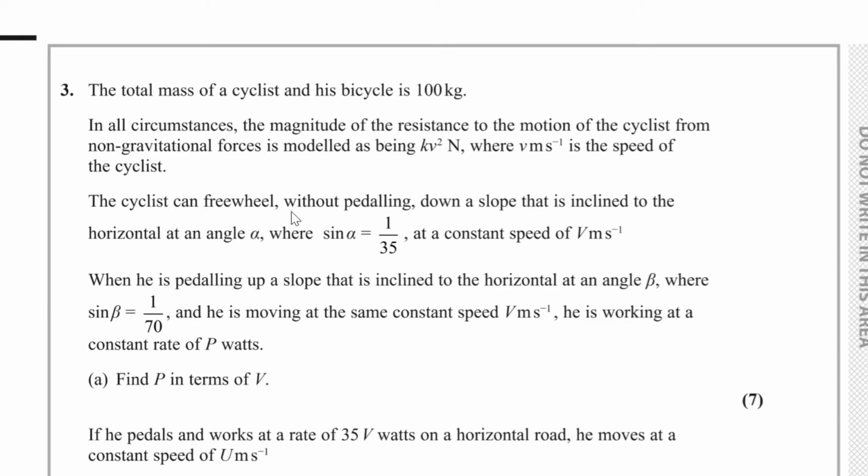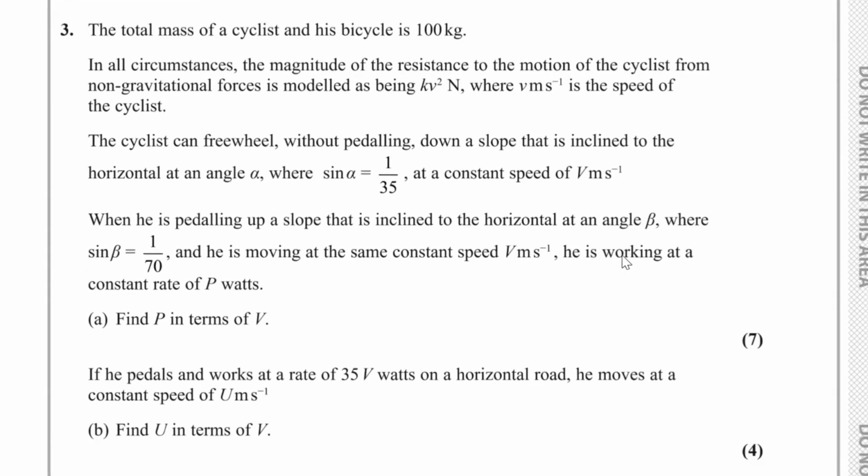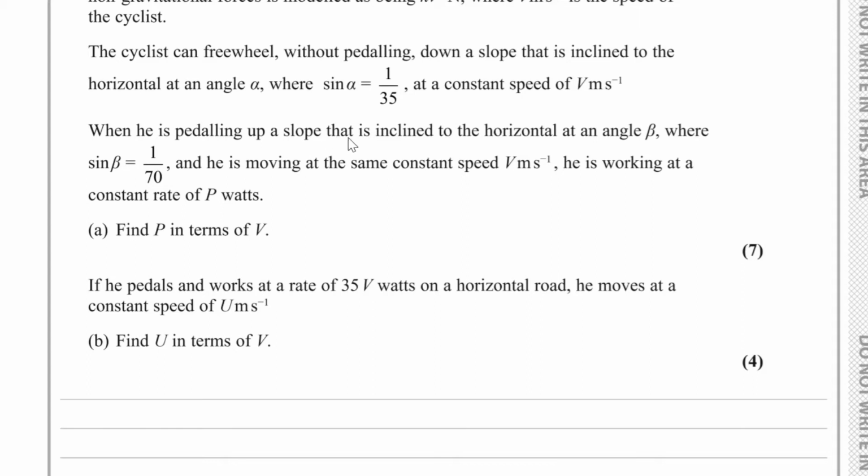The cyclist can freewheel without pedalling down a slope that is inclined to the horizontal at an angle alpha, where sine alpha is equal to 1 over 35, at a constant speed of v meters per second. When he is pedaling up a slope that is inclined to the horizontal at an angle beta, where sine beta is equal to 1 over 70, and he is moving at the same constant speed v meters per second, he is working at a constant rate of p watts.